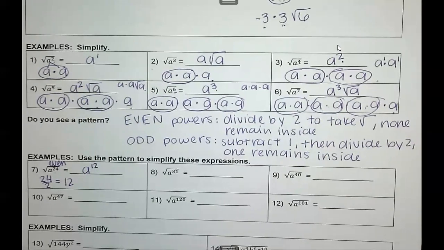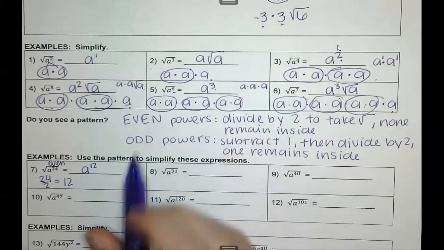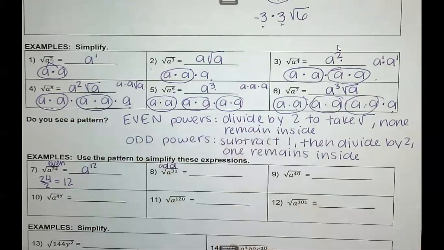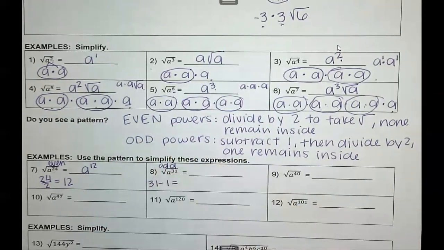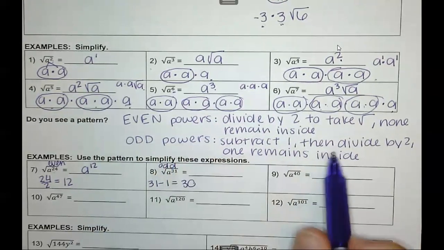All right, on number 8, my power is 31, which is odd. So we're going to use our second rule here. Our second rule says to subtract 1 from that power. So I'm going to have 31 minus 1, which gives us 30. Then it says to divide that by 2.